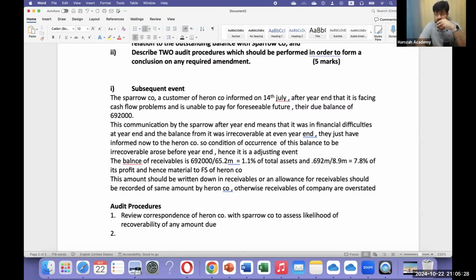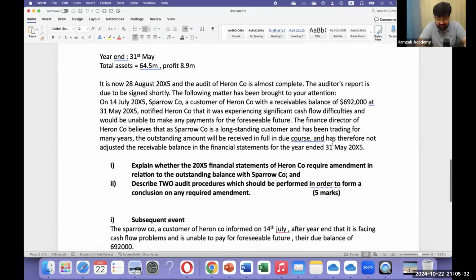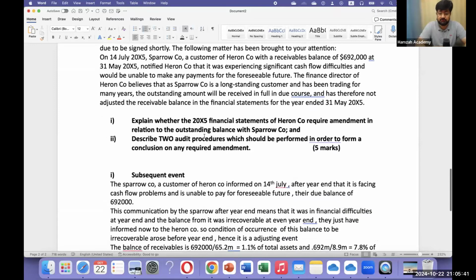Next, the finance director is saying that adjustment is not required, it will be received.